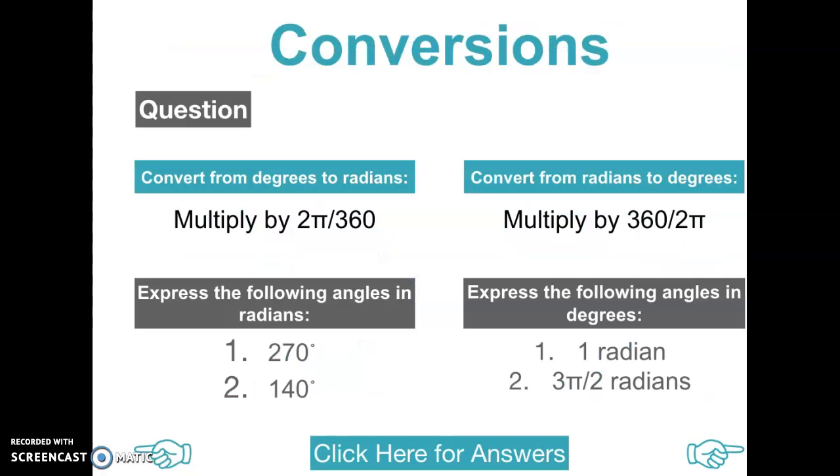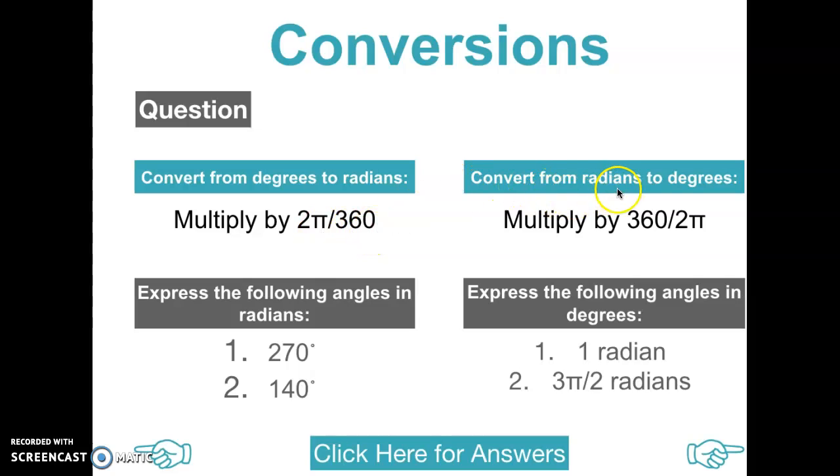Now, just to cement our learning, this is more of a pure maths skill, but let's have a look at how we convert. If we need to convert from degrees to radians, then it's fairly straightforward. 360 degrees equals 2 pi. So you can multiply by 2 pi and divide by 360.